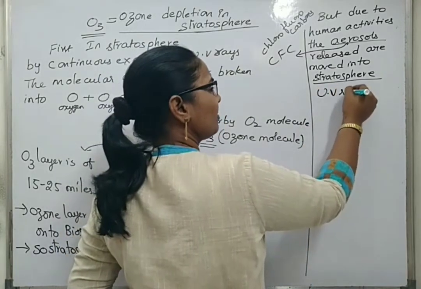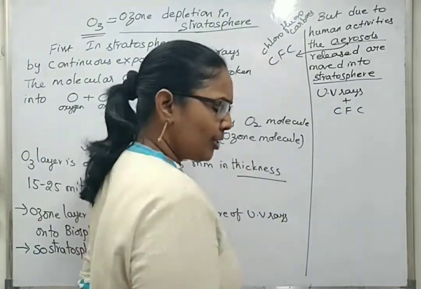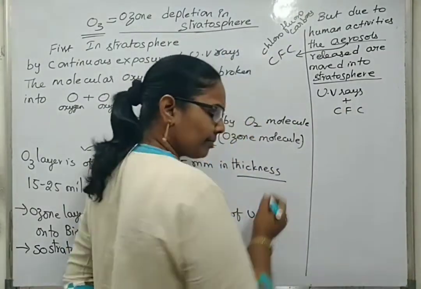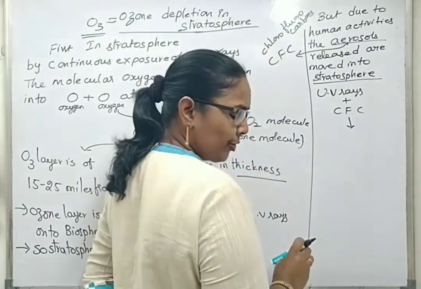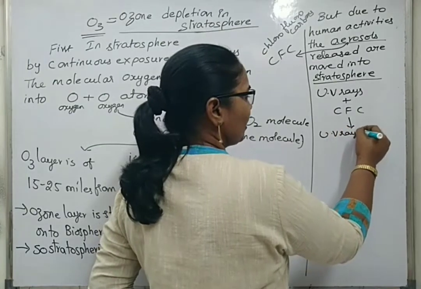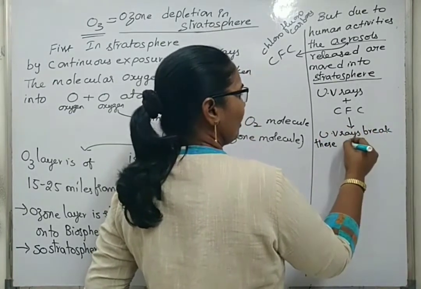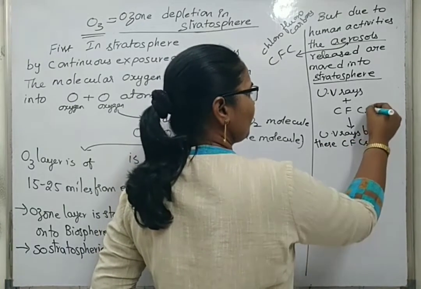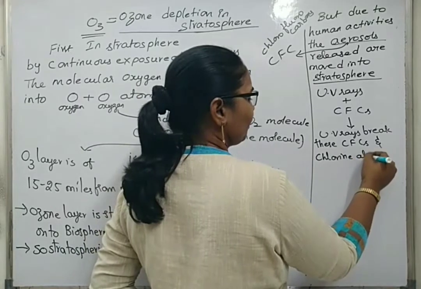When UV rays and chlorofluorocarbons are mixed, UV rays break these chlorofluorocarbons and chlorine atoms are released.